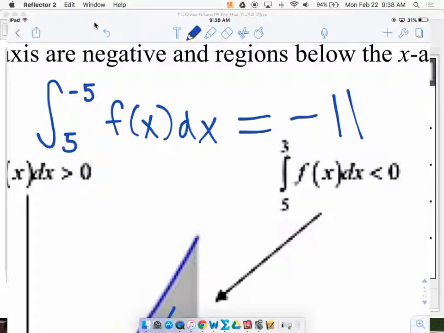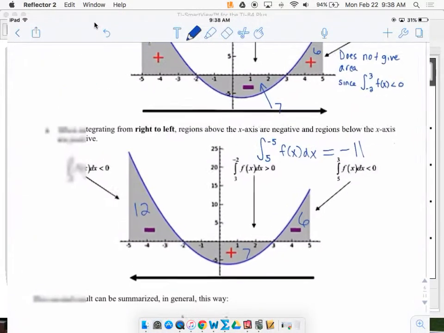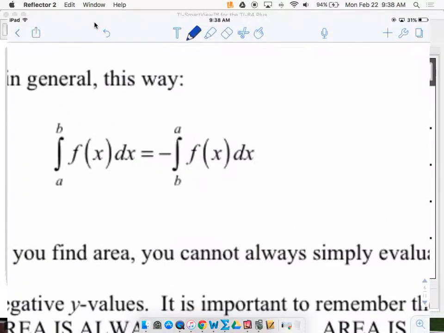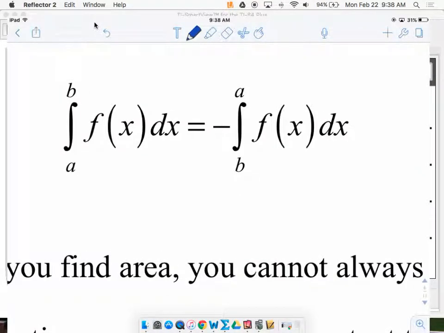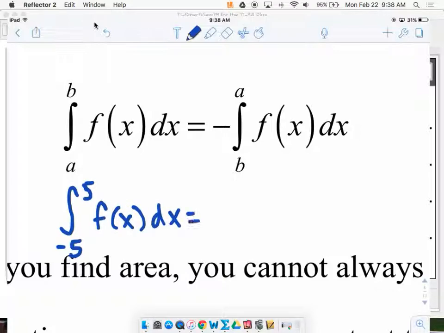What I can do is switch my upper and my lower bounds and then put a negative out front. So if we said the integral from -5 to 5, what did we say that was? From the first one, 11, right?